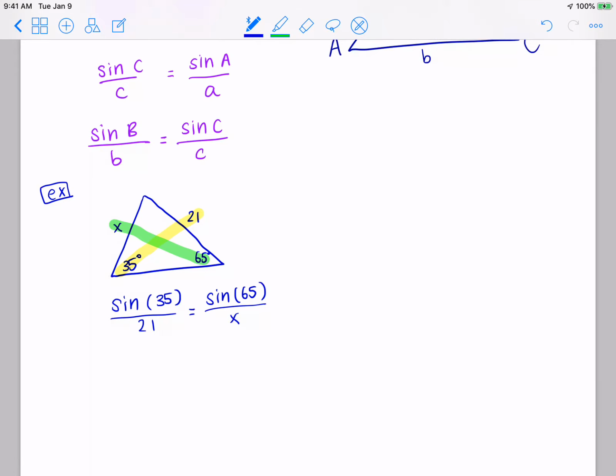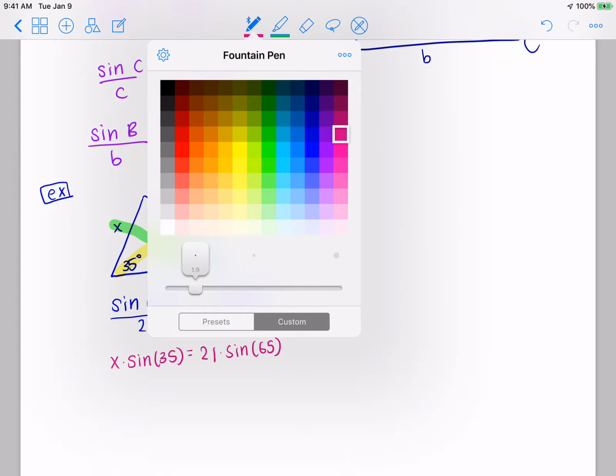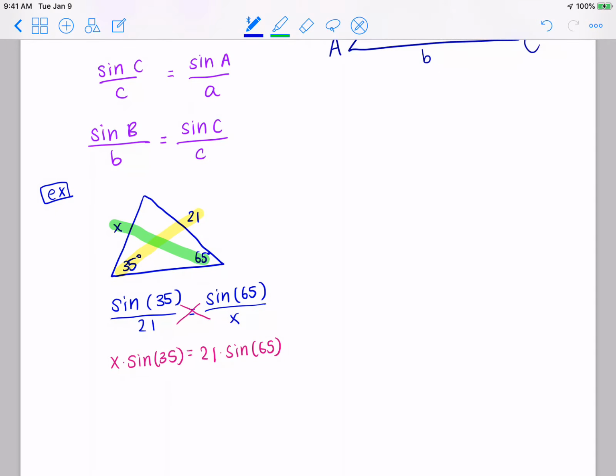Always use something that has a variable in there, because that's really what you're solving for. So we're going to cross multiply, which gives x times sine 35 equals 21 times sine 65. We want to solve for x, so divide both sides by sine 35.